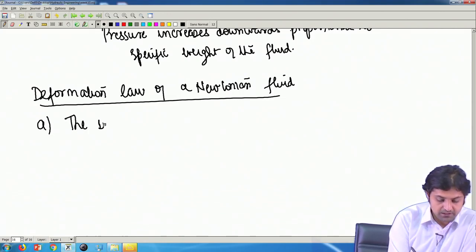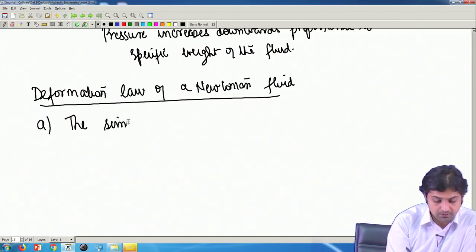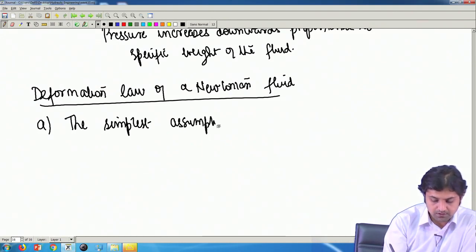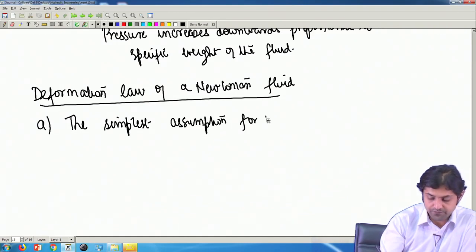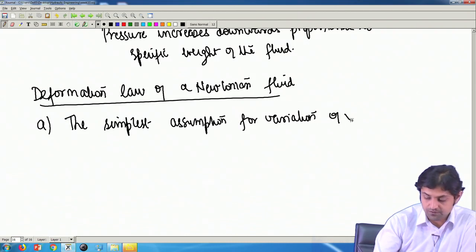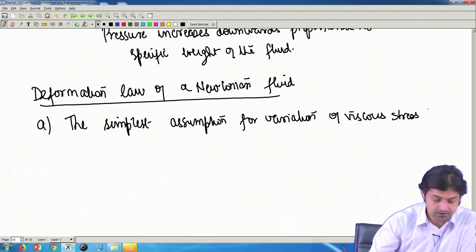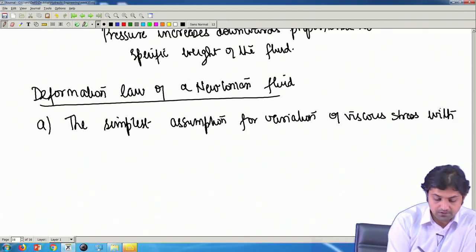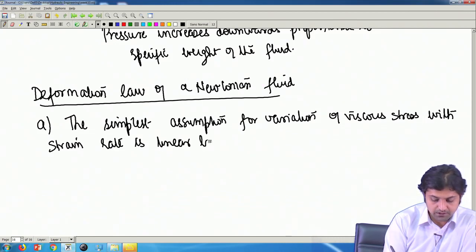So the simplest assumption for variation of viscous stress with strain rate is a linear law given by Stokes.